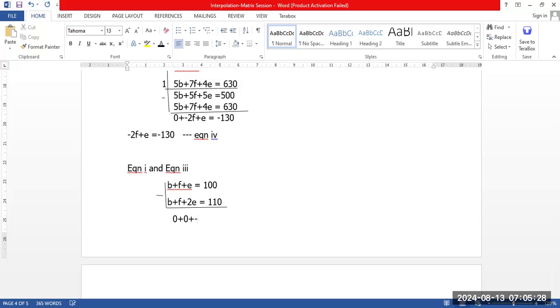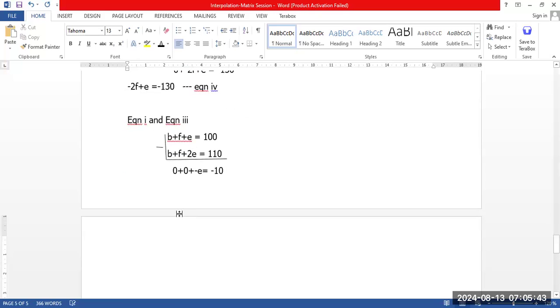You get negative E. Then it will be equal to 100 minus 110, that is negative 10. Implying that from solving equation 1 and 3, you have negative E, which will be equal to negative 10, implying that E is equal to 10. Now you have E.